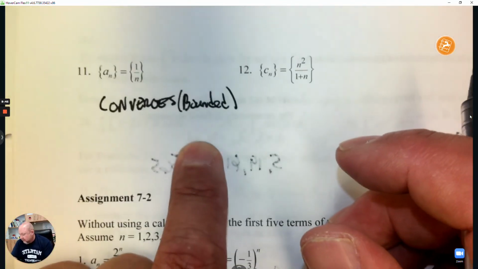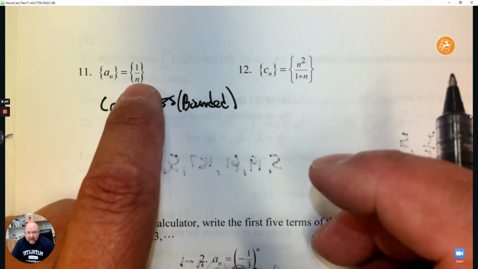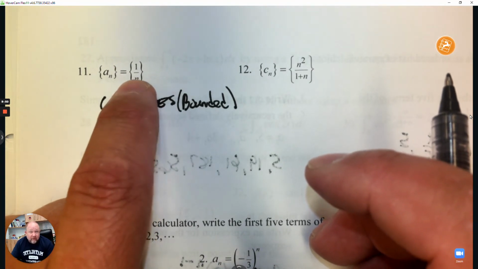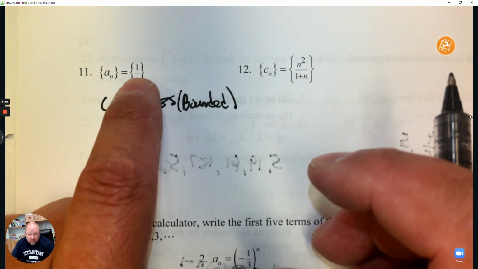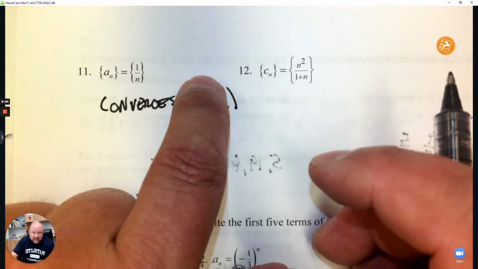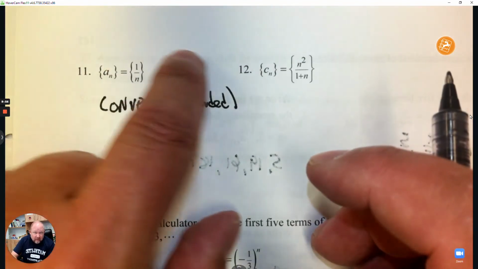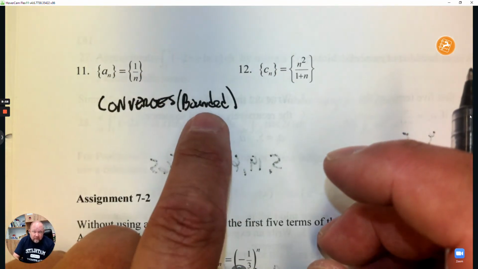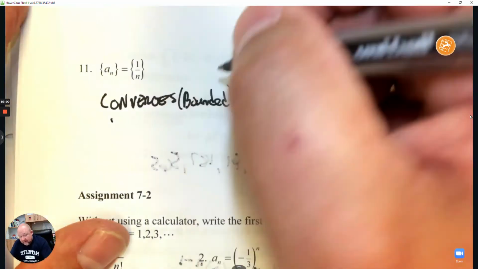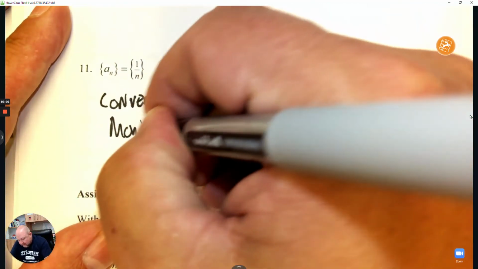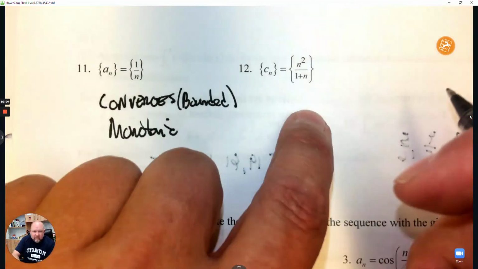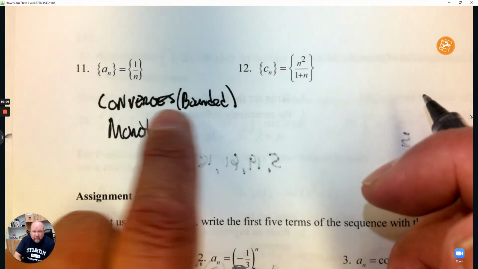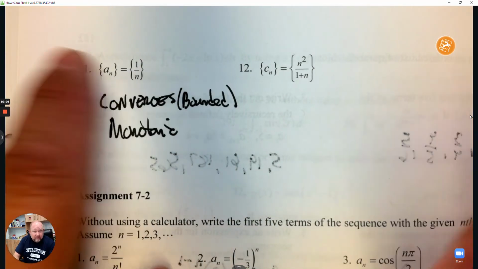Next, as I plug in 1, 2, 3, 4, 5, you get 1, a half, a third, a quarter. This is decreasing, and it will continue to decrease as you put in numbers as it gets closer to 0. So this is considered not just bounded, it's also monotonic because it only decreases as it gets closer and closer to 0 for an answer.